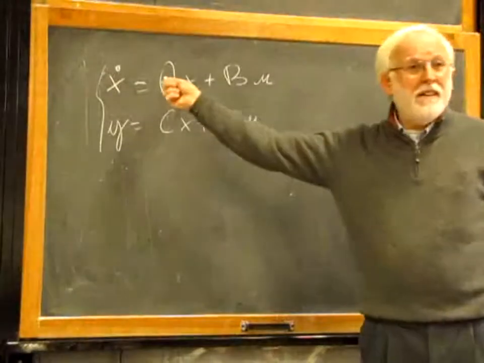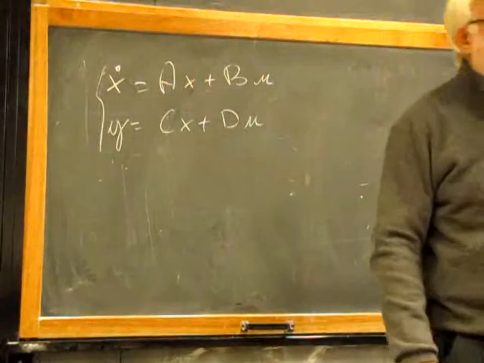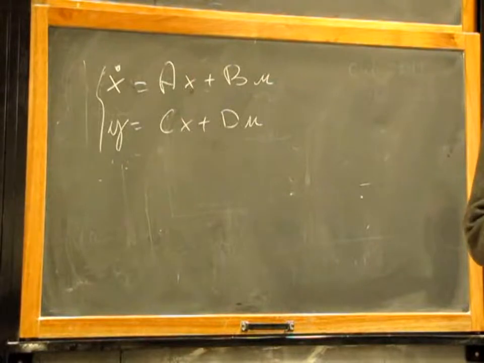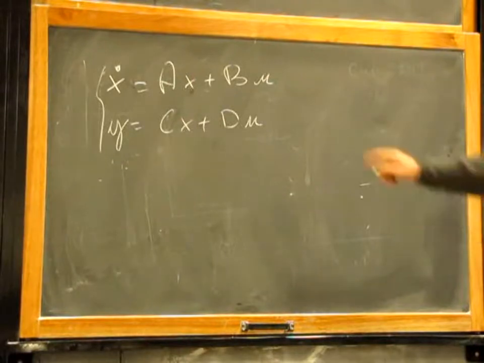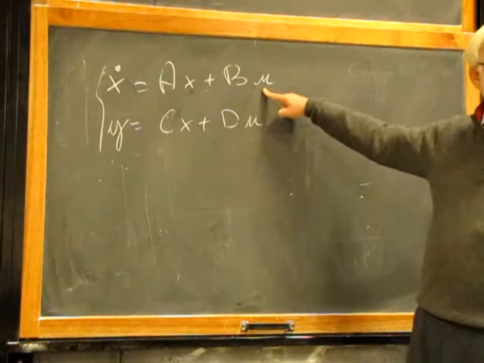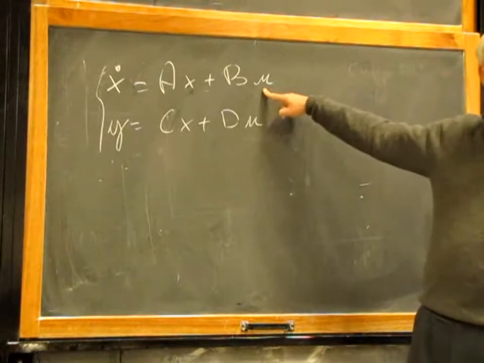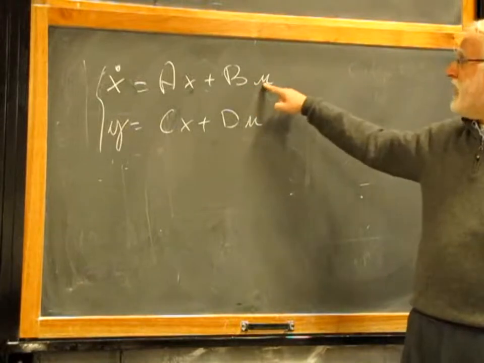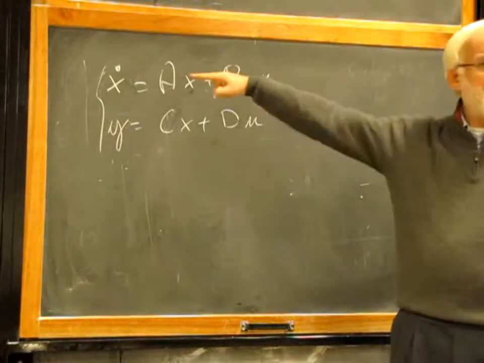What is A? Mathematically speaking. Matrix, describing the topology and the components that are in my circuit. What is U? Input, forcing input. What is B? Well, B is a matrix that describes how these U are applied to my circuit.